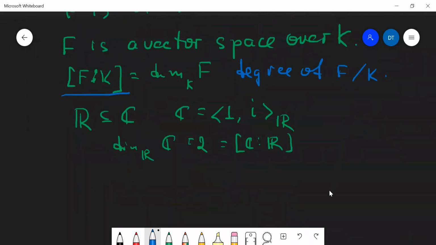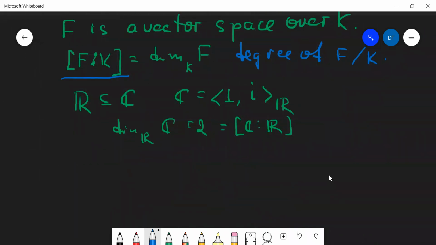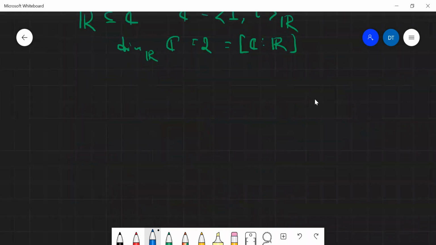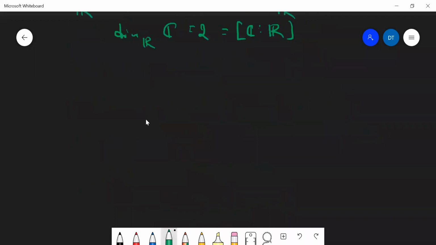Okay, so now I want to discuss a way to produce a larger field using a smaller field. So how would we do that? Oh, by the way, I will call it an extension by a root.